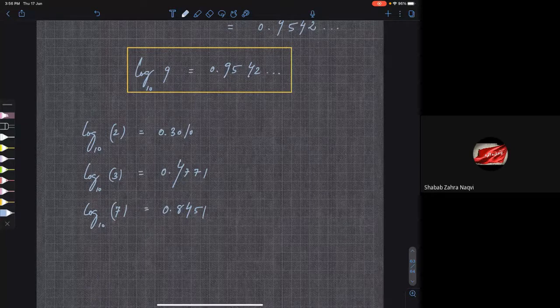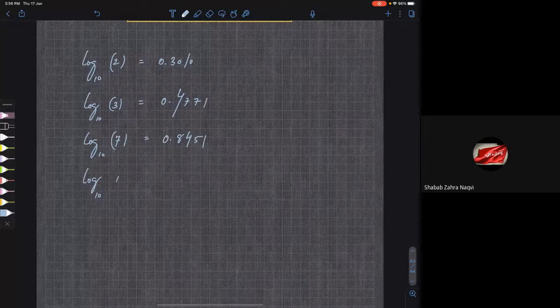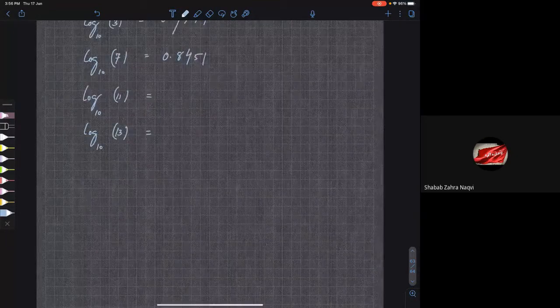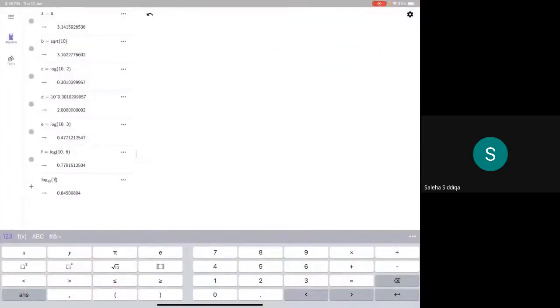If you want, you can remember log 11 and log 13 also. So what is log 11?